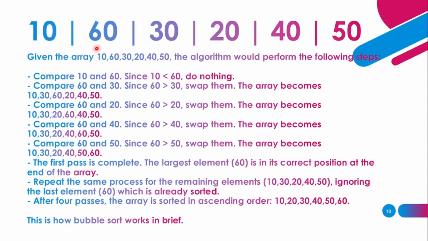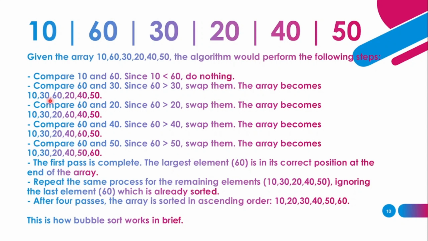The same operation is performed on the next two elements, 60 and 30. We find that 60 and 30 are not in ascending order, so we need to swap them: 60 at the place of 30 and 30 in place of 60. After swapping, the order looks like this: 10, 30, 60.